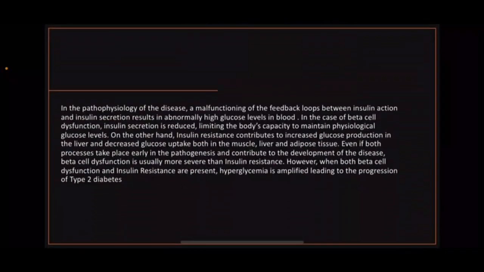In the pathophysiology of the disease, there is a malfunctioning of the feedback loops between insulin action and insulin secretion, resulting in an abnormally high glucose level in the blood. In the case of beta cell dysfunction, insulin secretion is reduced, limiting the body's capacity to maintain physiological glucose levels.